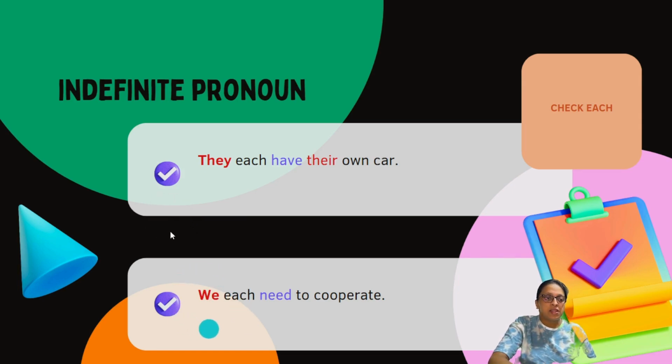Now, when we have introduced we here, we have to take a plural verb. Suppose we remove we. In that case, what will happen? "Each needs to cooperate," because then each becomes the subject. Each means a singular person we are referring to. Therefore, at that point, we have to take needs. Needs is a singular verb.